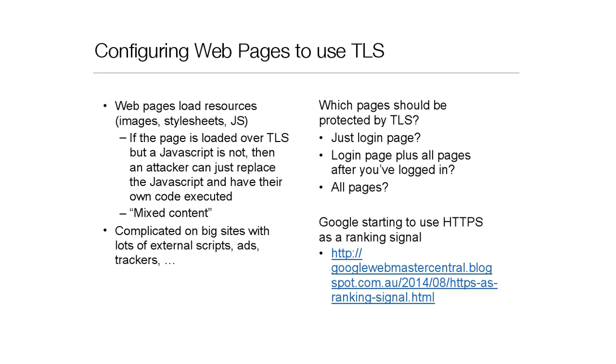That means an attacker can inject something into that and do some malicious things. And also, as a security engineer, you have to specify which pages should be protected by TLS. Just the login page, or the login page plus all the pages after that, or maybe all the pages. So depending on your requirement, you have to specify what things you have to protect.